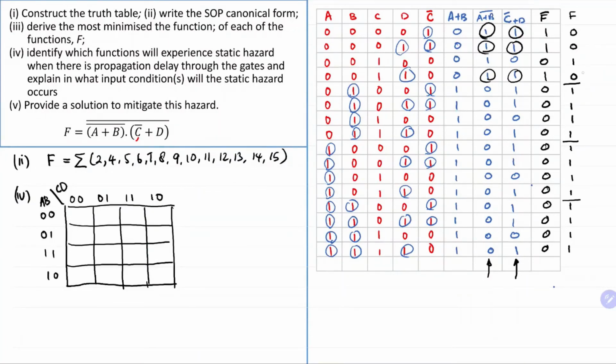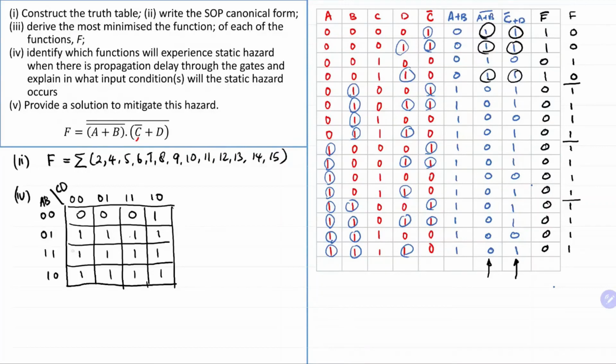So 0, 0, 1, 0. So let's go 0, 0, 1, 0, and then you got 1, 1, 1, 1, and then you go 1, 1, 1, 1. And then we can minimize the function by drawing loops.